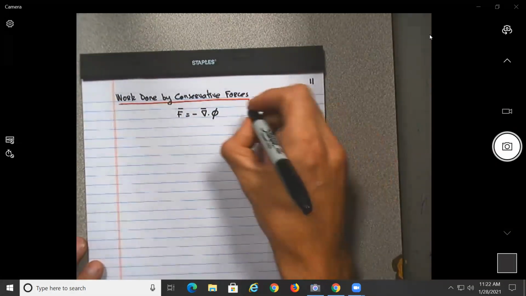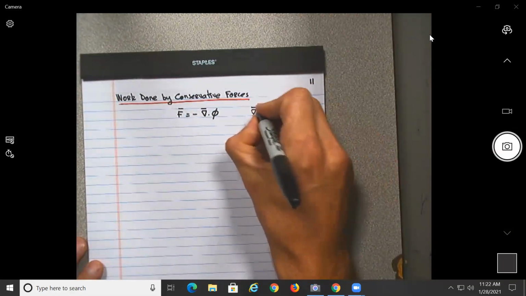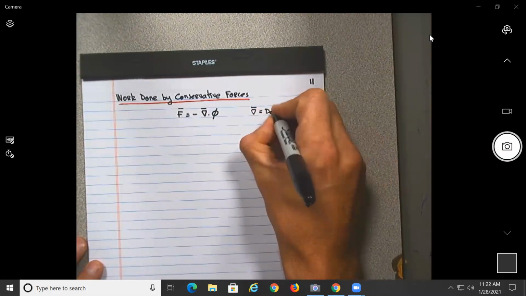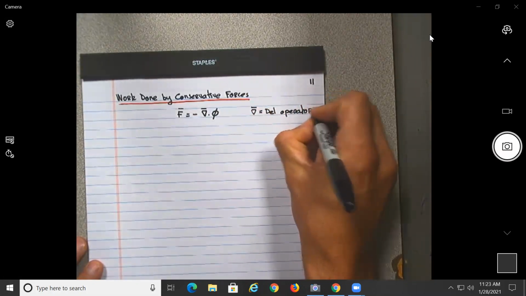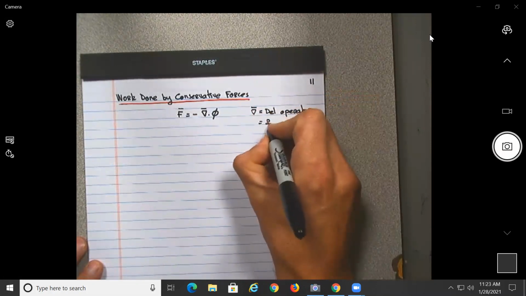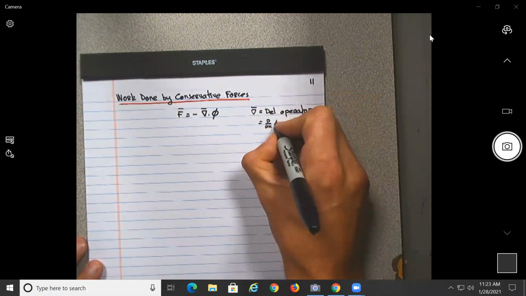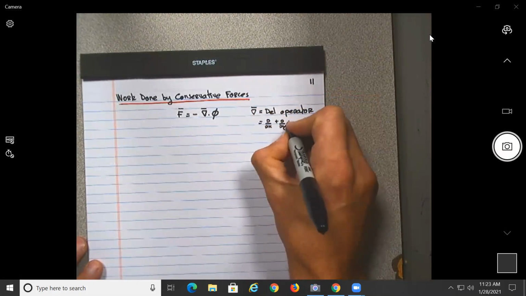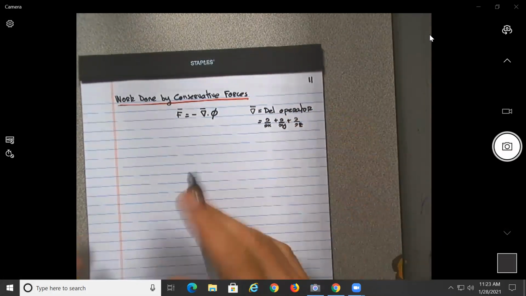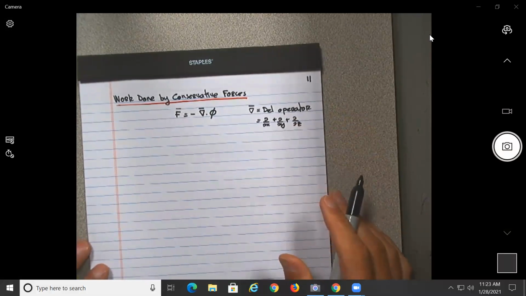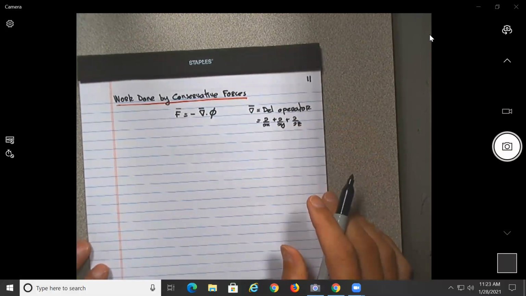So this is the del operator, which is equal to what? Partial x plus partial y plus partial z. I think you've probably seen it before in one class, probably calculus 3, something like that.